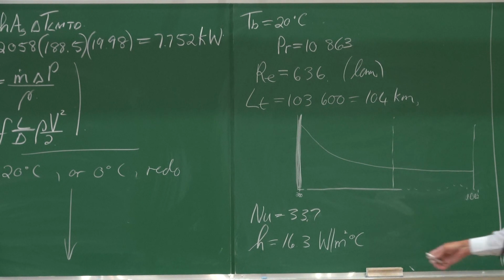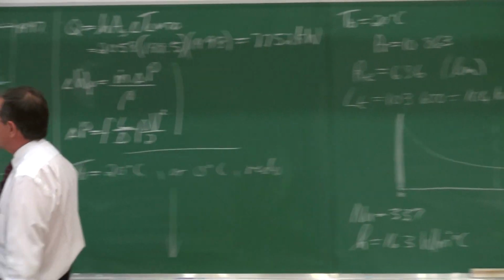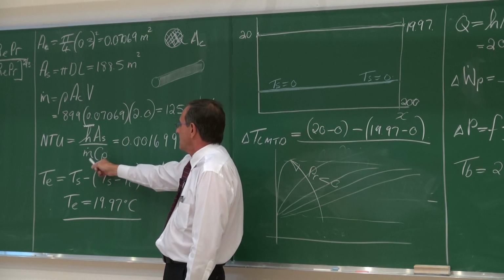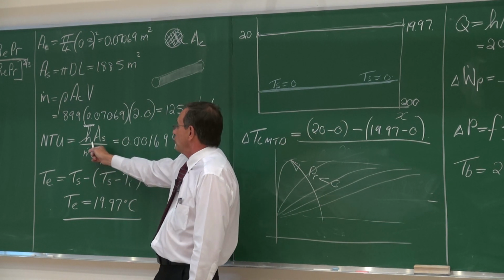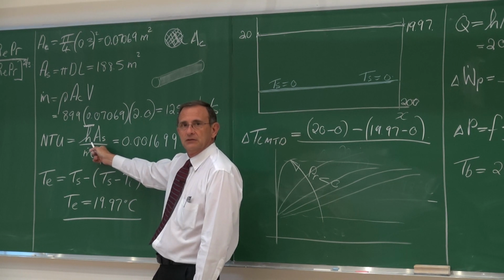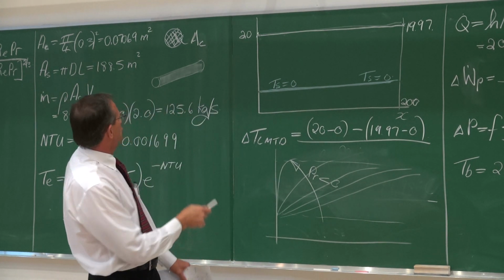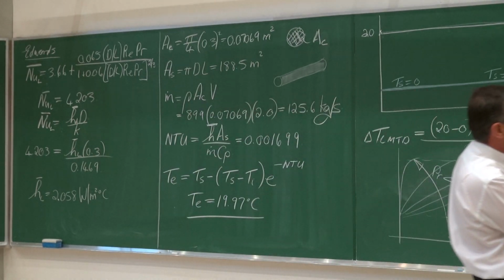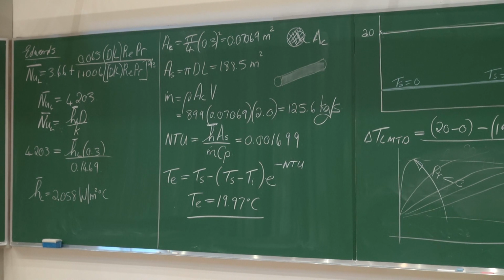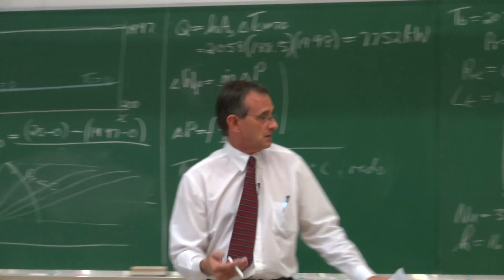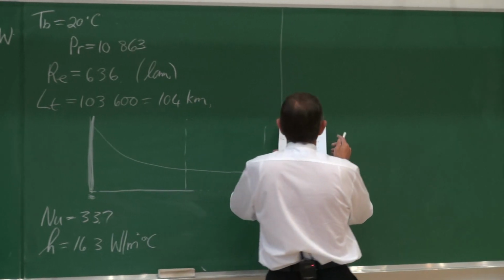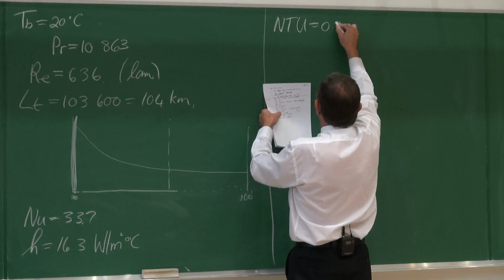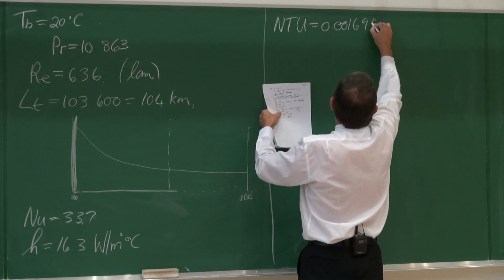Right? If we come back to the NTU, the NTU is equal to the heat transfer coefficient, the area, the mass flow rate, and the C_p. The only thing that changed now is the heat transfer coefficient. It changed from about 2 to 16, so it increases by about 8. However, if we do the calculations for the NTU, it's still extremely low, 0.001699.